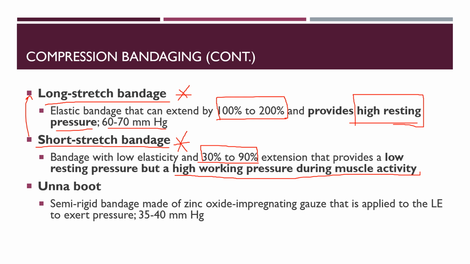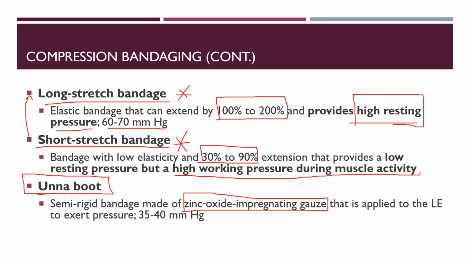Okay. And then the last thing here is our Unna boot. There's a nice image of this in your textbook, so you can look there for that. But this is a semi-rigid bandage made of zinc oxide impregnated gauze. We looked at different medications for iontophoresis, and this should look a little bit familiar to you, the zinc oxide.